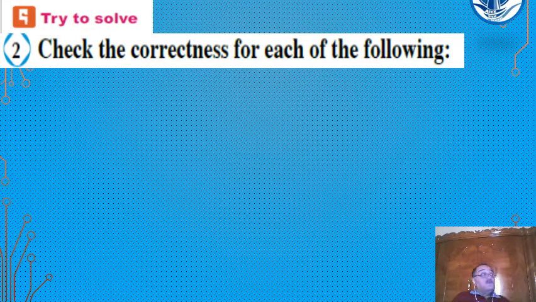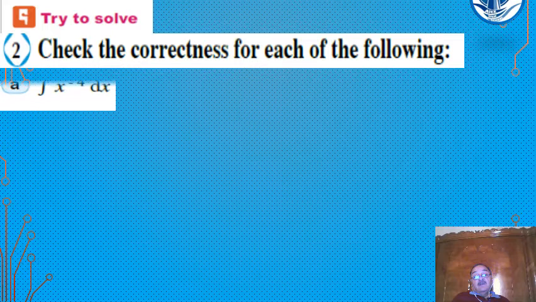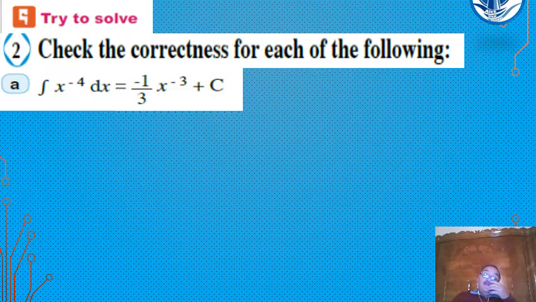Okay, try to solve the following. Here is the integration of x power negative 4 dx. It will be, very good, negative 1 over 3 x power negative 3 plus c.